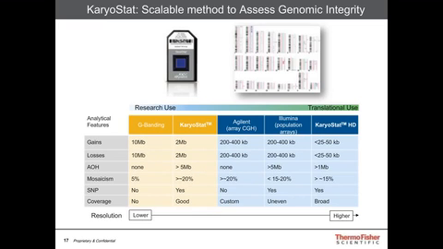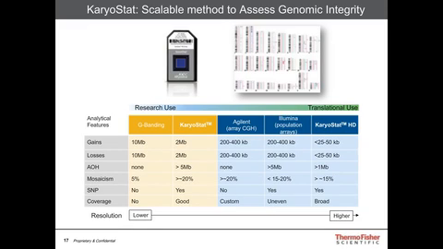Here is what we offer and the side-by-side comparison of KaryoStat and KaryoStat HD with other methods used to assess genomic integrity. Currently, we offer this assay in 2 formats depending on the resolution.